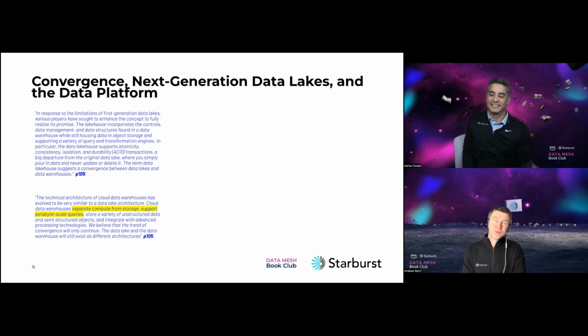And really the lakehouse to me is trying to take the best bits of the data warehouse, where we have the ability to update, and we have the ability to query and model and shape our data, and the best bits of the lake, which is where we have infinite storage capability and that separation.